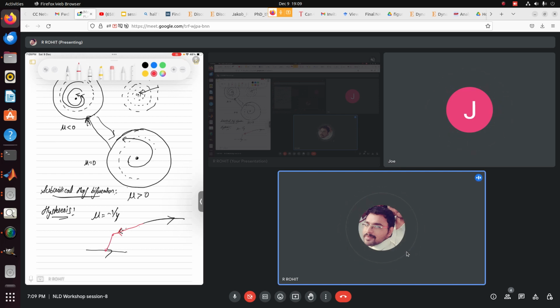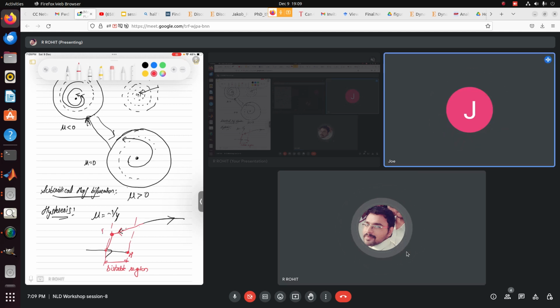So from this region to this region, we call this the bistable region. And usually we refer to this point where this starts as the Hopf point of the system, and the point where it jumps down is called the fold point of the system.